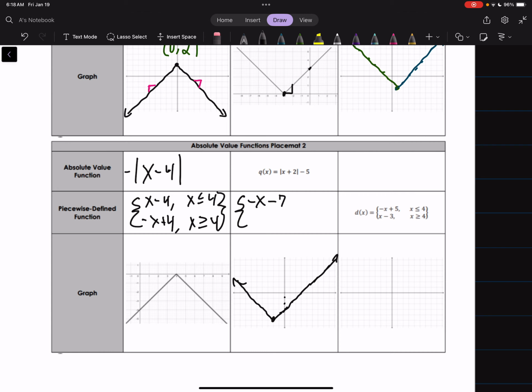And we want this to the left of our vertex, so where x is less than or equal to negative 2. The other side is a positive slope, so positive x. The y-intercept is negative 3.